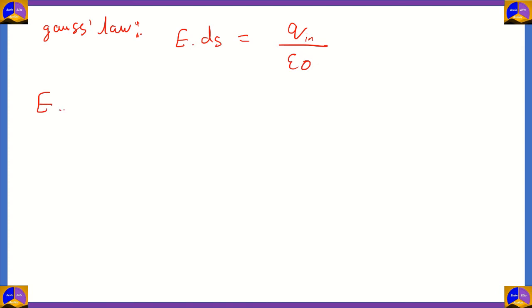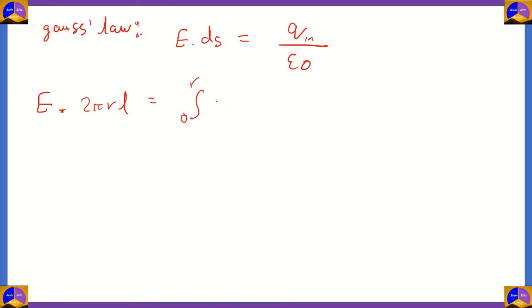So here the electric field is E, and we need to know what is ds, so that's the area. So in this case, the surface area is 2 pi rl because it's a cylinder. And then you have integration in here because we need to find the charge and not the change of charge.